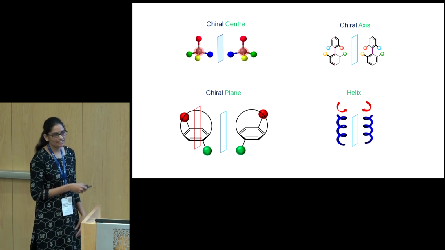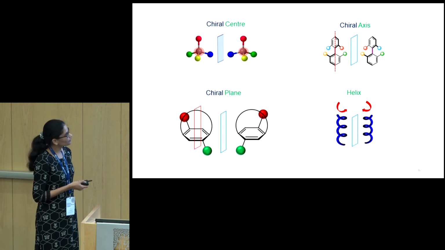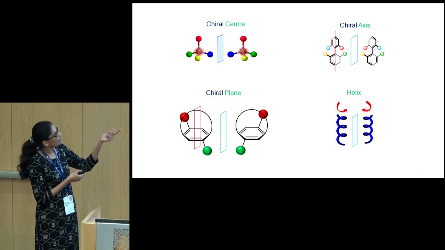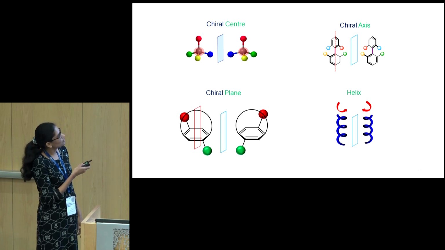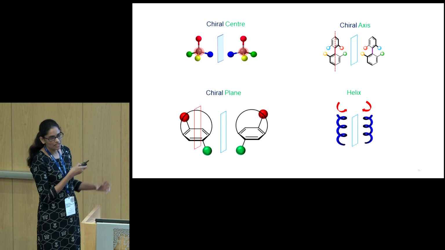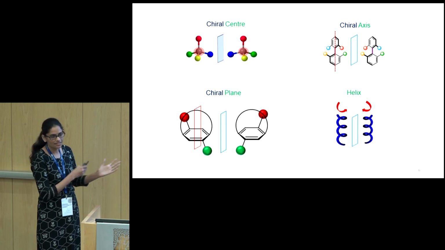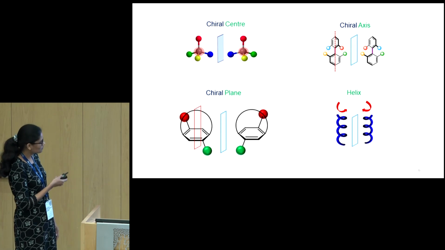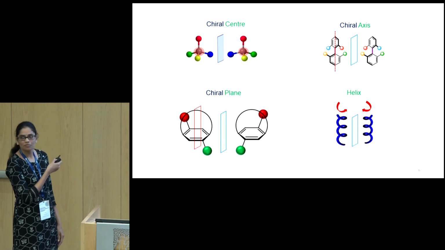But it's not the only thing; there are different ways one can have a chiral molecule. This one has a chiral axis. You can see different balls are not on the same center, but along an axis they are different. And another possibility is a chiral plane.